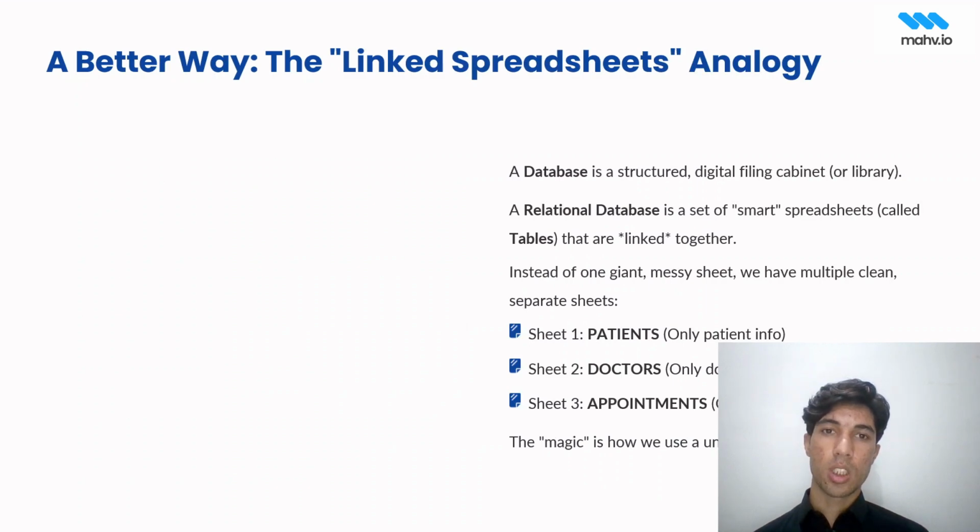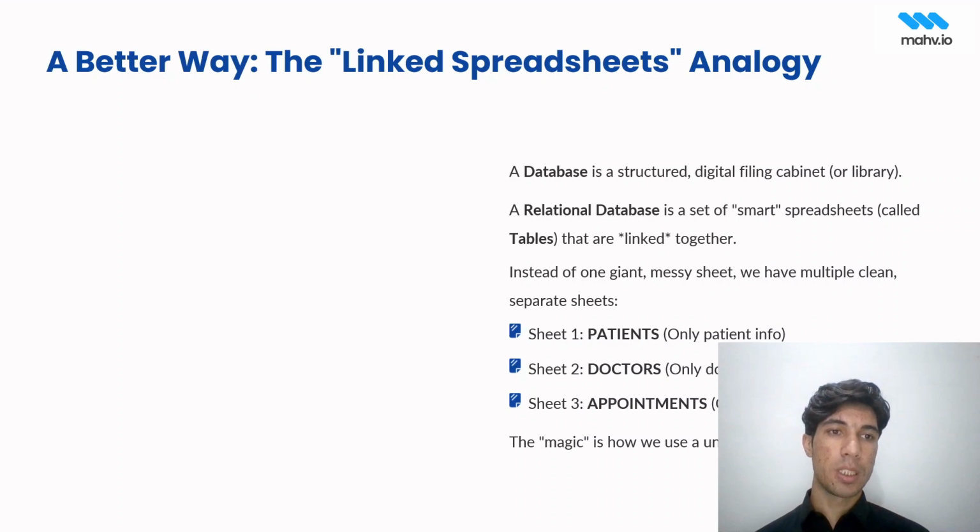So what's the solution? The alternative is using a database. A database is nothing but a structured digital filing cabinet. Think of it as a library where everything is put in its specific place in a very structured manner. Then a relational database is basically a set of smart spreadsheets.